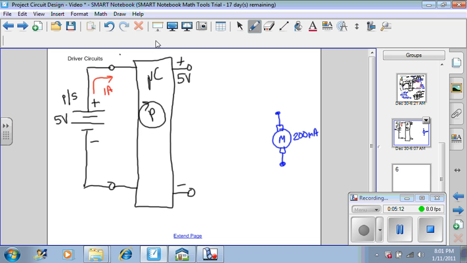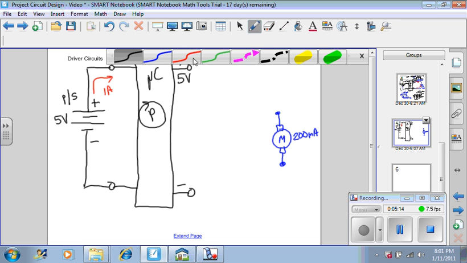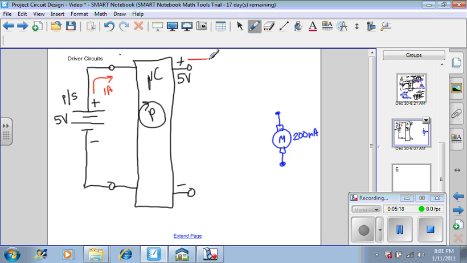But we also learned that with normal or typical microcontrollers, you're only going to get about 20 milliamps of current coming out, and you can only receive about 25 milliamps of current going in.